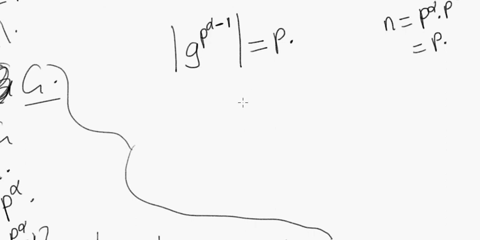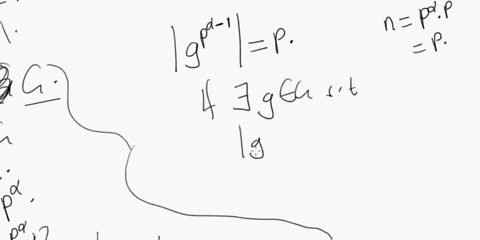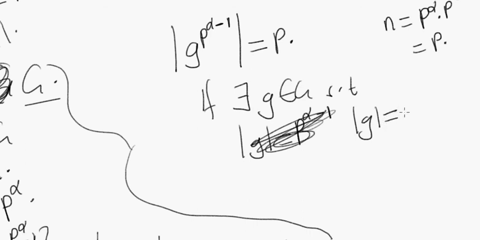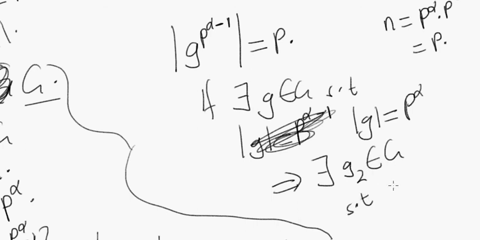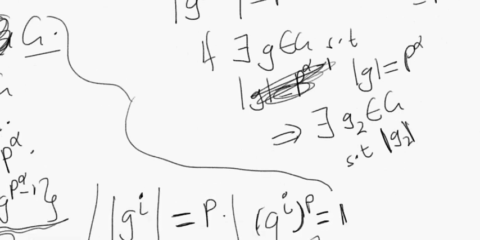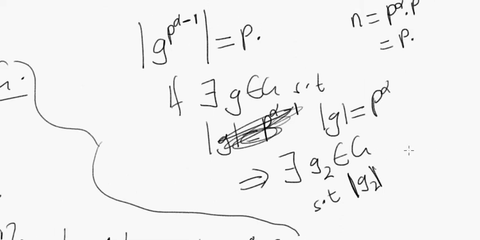So we're saying that if there exists an element g of G such that the order of g equals p to the alpha, then we can conclude that there exists some g2, an element of G, such that the order of g2 equals p.